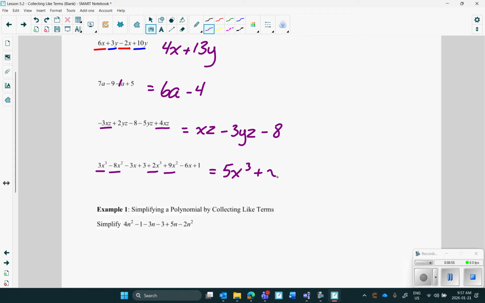Yeah, x squared or 1x squared. The x's, I've got a minus 3x and a minus 6x. Negative 9x. And the constants, which means no variables, I've got a plus 3 and a plus 1. Plus 4. Okay. You try the next one.